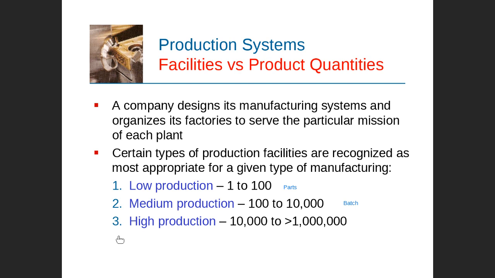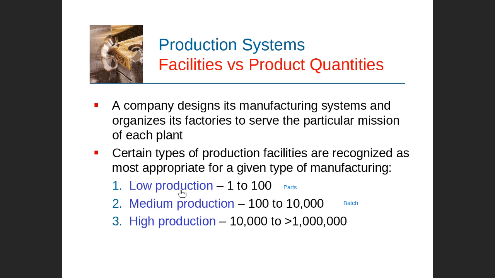You cannot go to a medium production company and say that I would like to manufacture one car. No, they are not doing it like this. They are working with batches: 100 tables is one batch, 500 chairs is another batch, and someone else can come and say I need to manufacture 1,000 bookshelves, which is another batch. So this company manufactures batches.